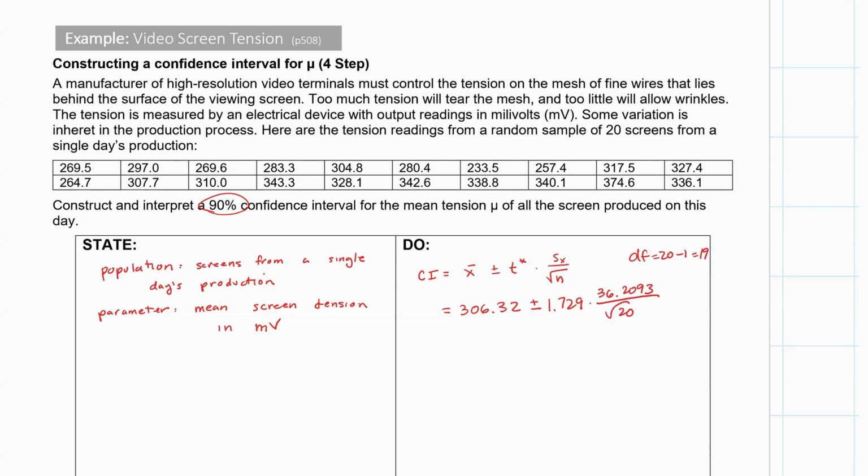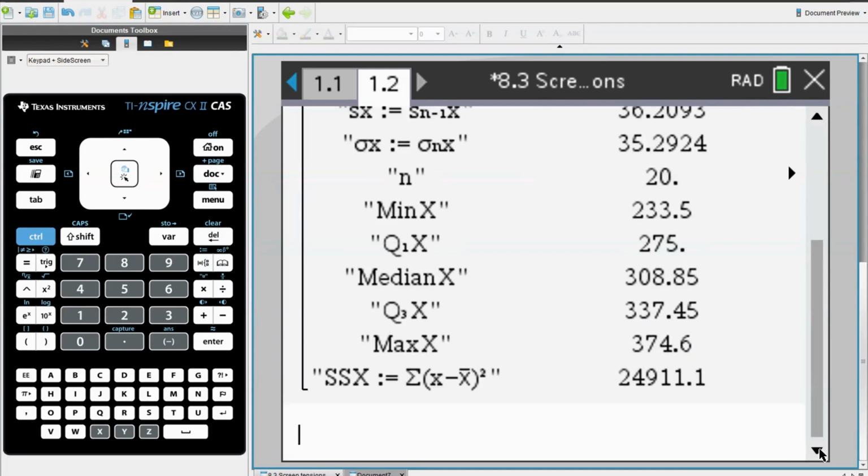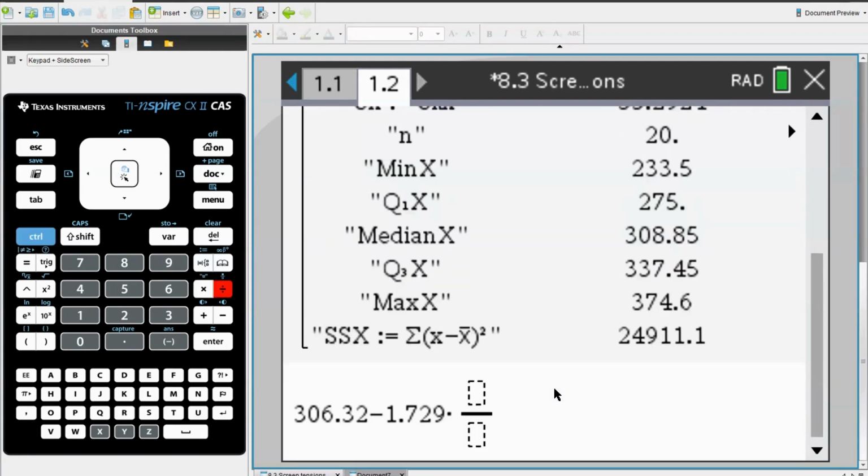So as we go back to our calculator, we'll calculate that confidence interval. So back to the bottom here. What did we have again? 306.32 minus our t star value of 1.729 times the fraction with the standard deviation of the sample divided by the square root of the sample size.